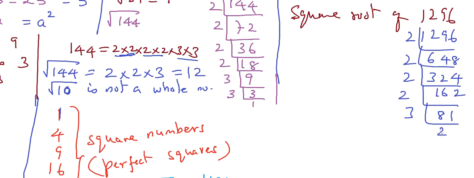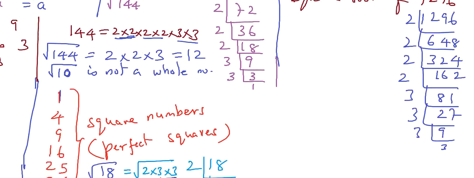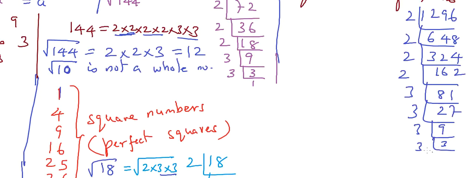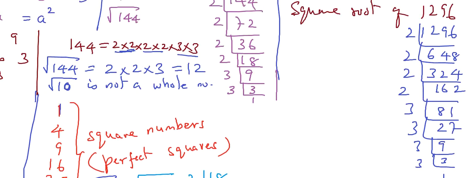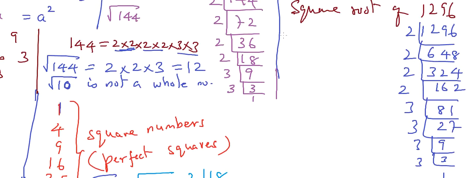We will get 27. Again it is still divisible by 3, giving 9. Again 3, 3 times, and 3, so once. So we have 1296 equal to 2 into 2 into 2 into 2.